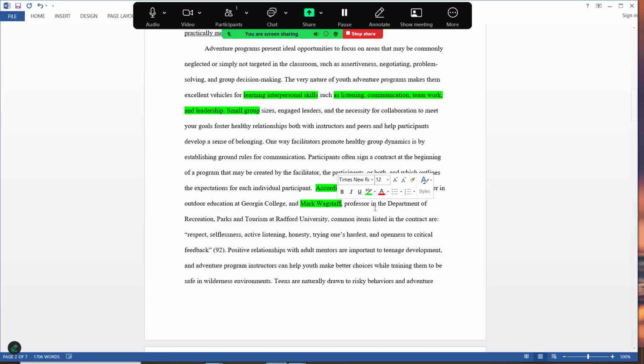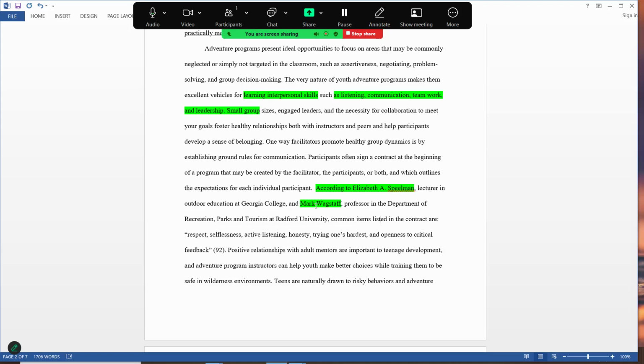And a note too, so when you have an MLA, when you have two authors, it's different. Et al., that rule for et al. only applies when there are 3 or more authors to a source. When you have 2, both are named. So it's always that same requirement in MLA.